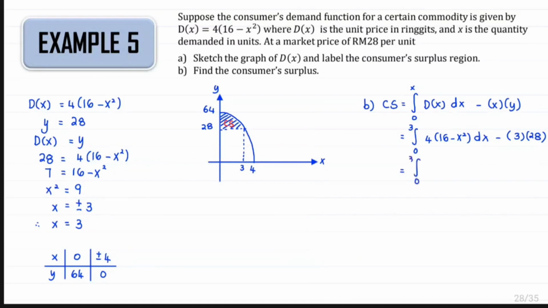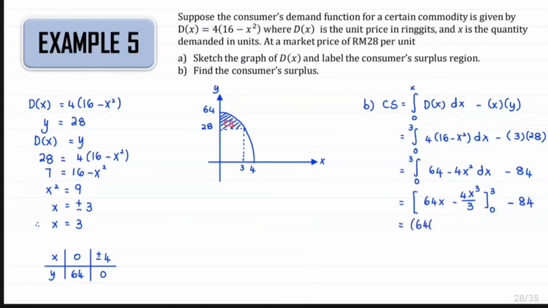We simplify, we get the integral of 64 minus 4x squared dx minus 84, then we integrate, then minus 84. We substitute values 0 and 3.